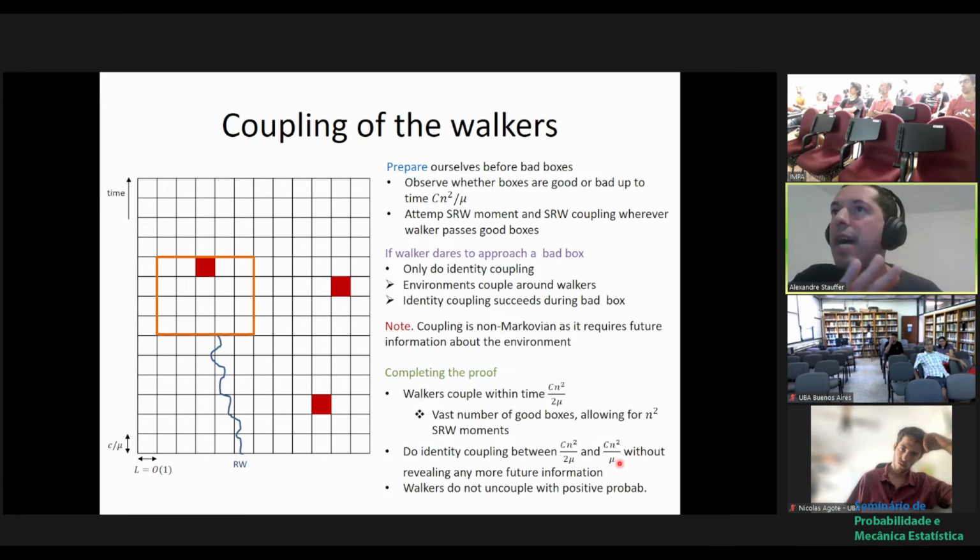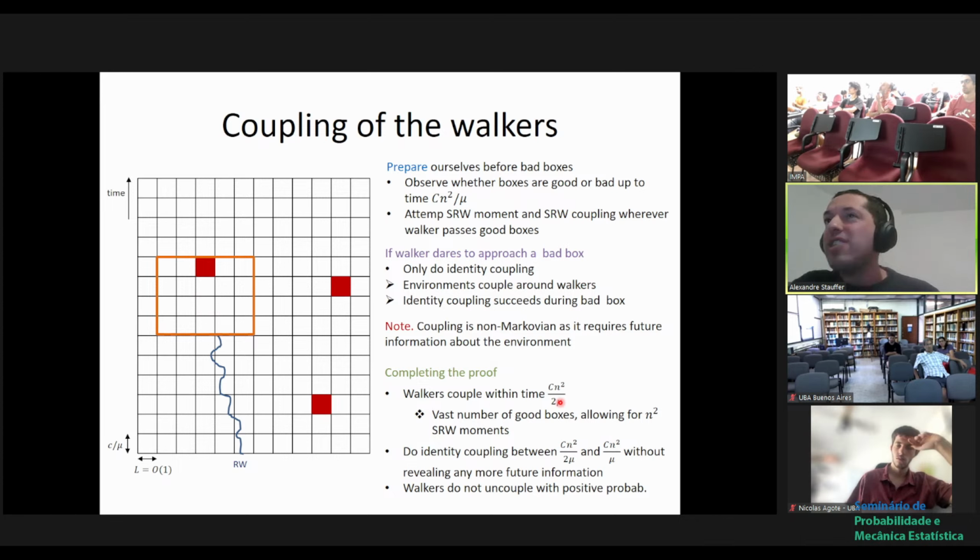The only thing that could go bad is if you had done a simple random walk coupling before this time, but you should not have, because there is something bad much in the future that you should have started to prepare for much earlier, and you didn't know because you didn't reveal after Cn² over μ steps.